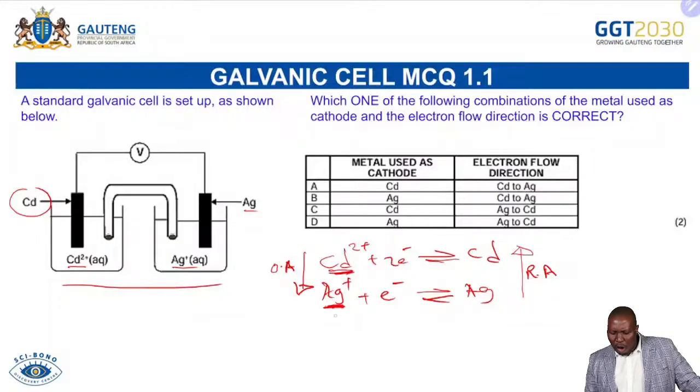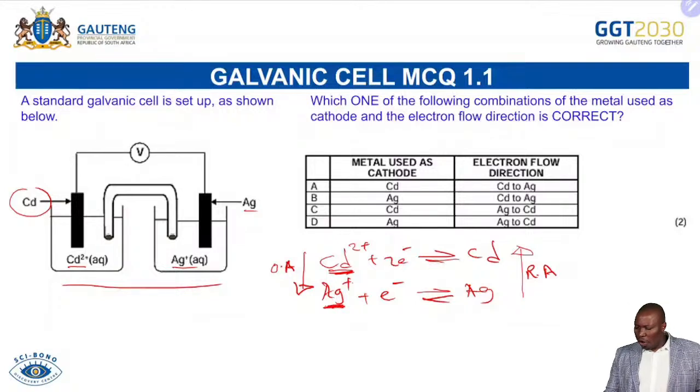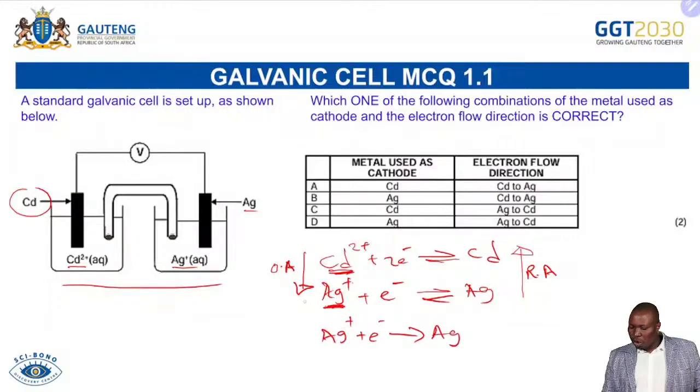Therefore, Ag+ will gain. You see, the stronger one is the one that will gain the electrons. Hence now, on the cathode side, Ag+ is the one that will gain electrons to form Ag. Why? Because Ag+ is a stronger oxidizing agent than Cd2+.